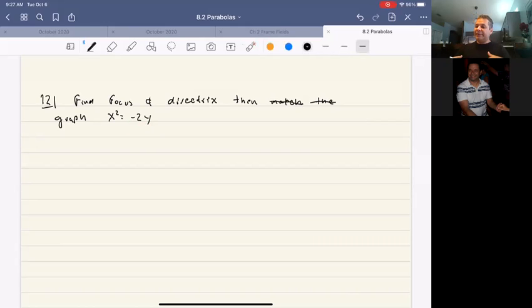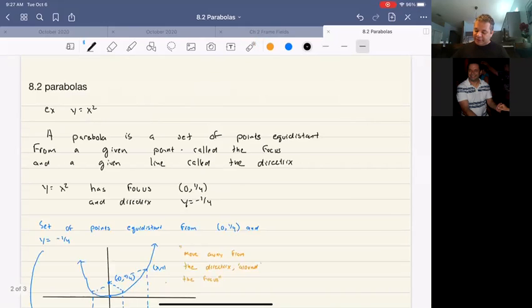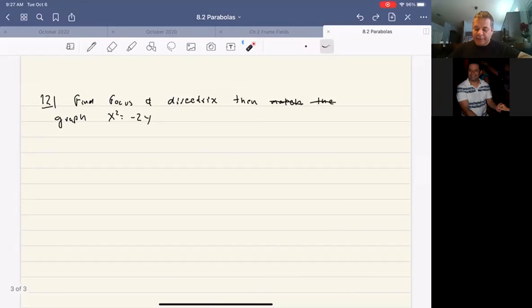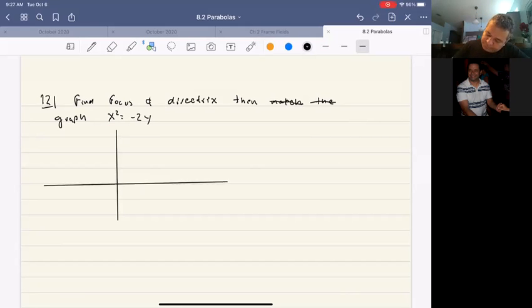So it's going to face down. Or you could just look at this again and say, oh yeah, that's the x squared equals -4py case. Okay, so let's start drawing this thing. Again, you know it's got to face down.